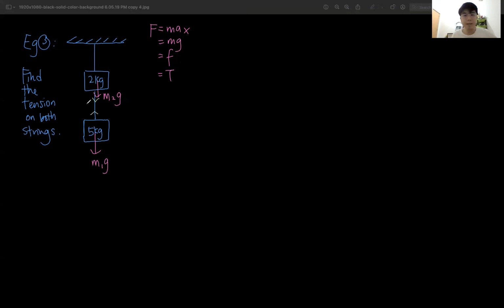Now this is on the same string, 同样的一个 string，所以我们用同样的 symbol，因为这个 M1，所以我们叫它 T1. You can see this arrow is coming out of this object, and then we got another string here. So we label T2 and then another one here, T2. Okay, so this one done.